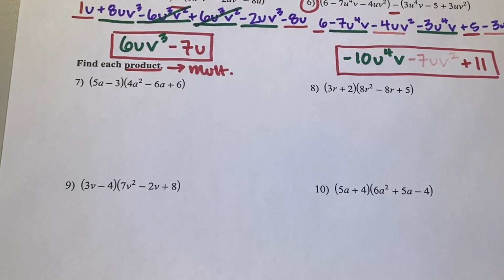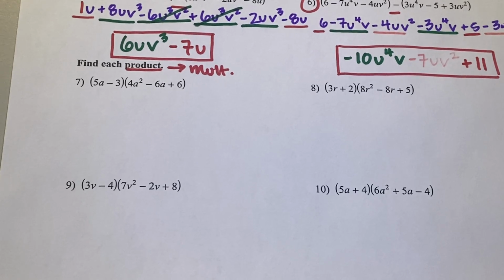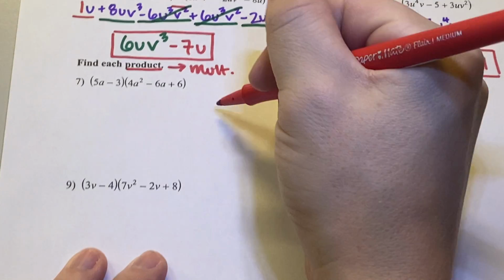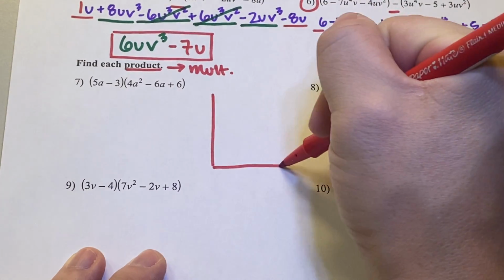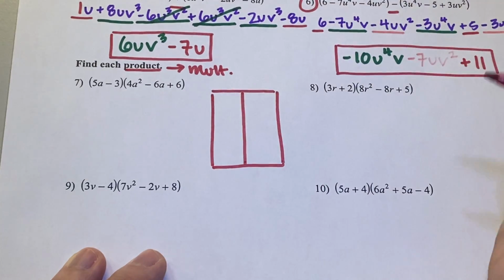Okay? So, here's what we're going to practice. Because what was the other way? We had FOIL and then another method. What was that method? Let's do the box method. But instead of 4 squares, I want you to split it in half first, okay?